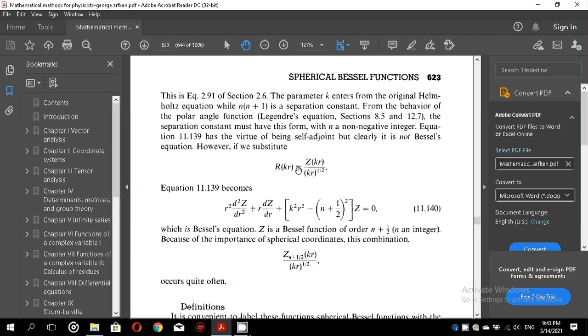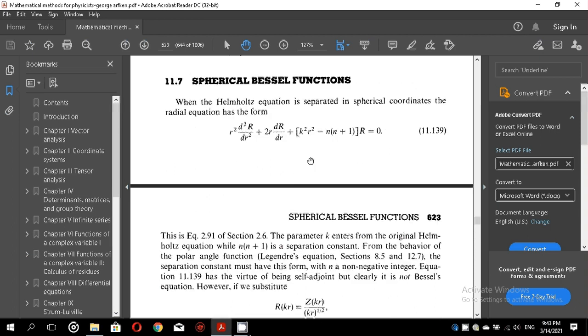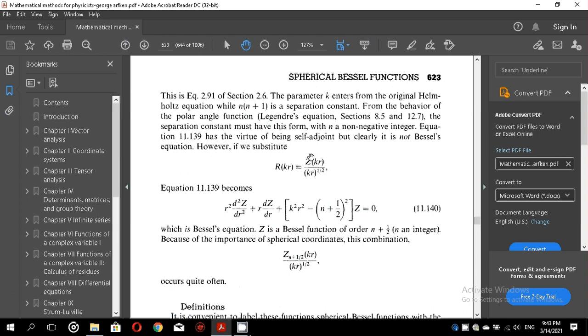But with this transformation, this equation takes this form. Now this form is quite similar to the Bessel's differential equation, because now we have r square d2Z over dr square plus r dZ by dr plus k square r square minus n plus half squared into Z is equal to 0.